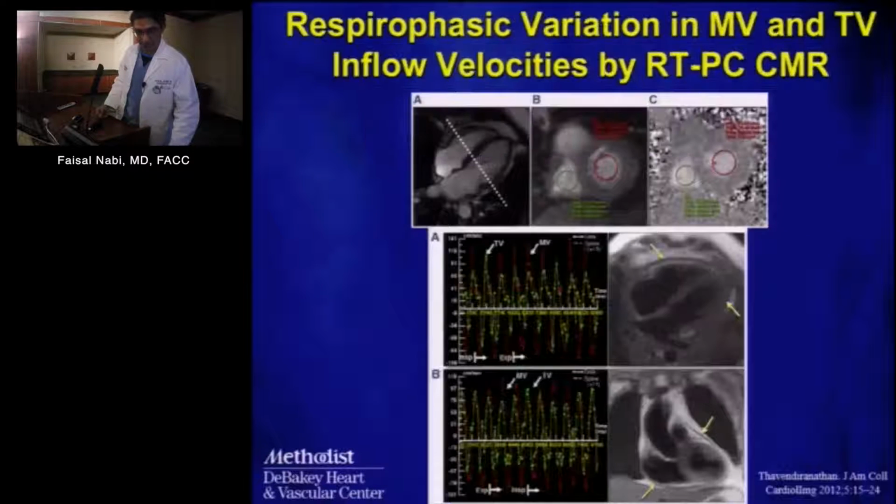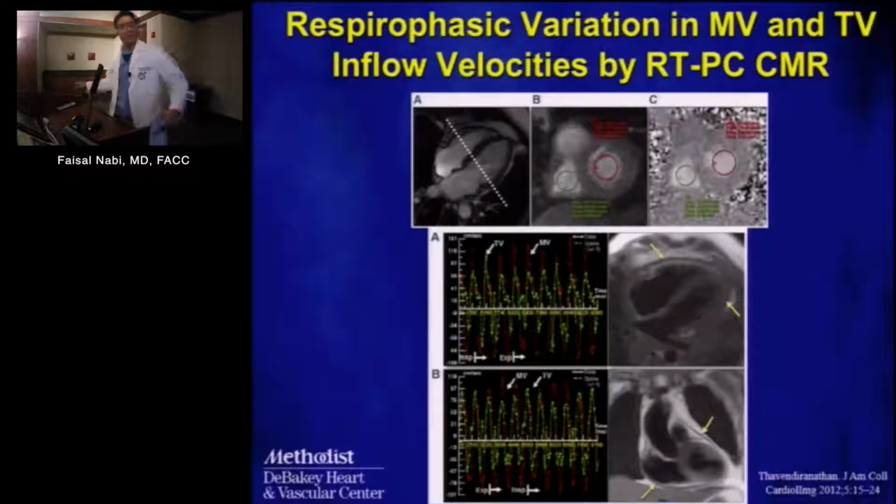These are velocities through the mitral and tricuspid? Yes, creating a slice location at either the mitral inflow and tricuspid inflow, and looking at your flow coming in and outside the ventricle.